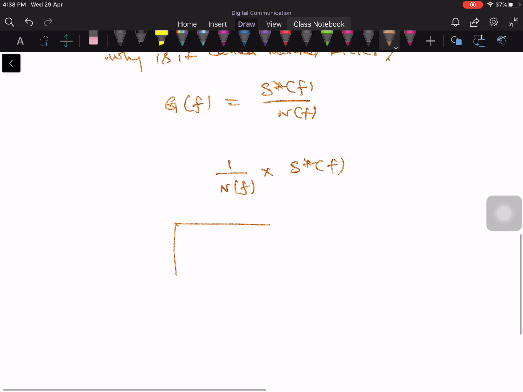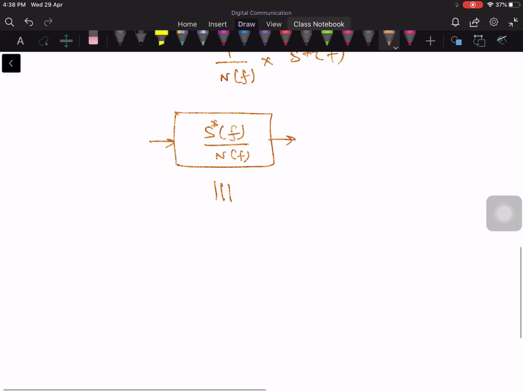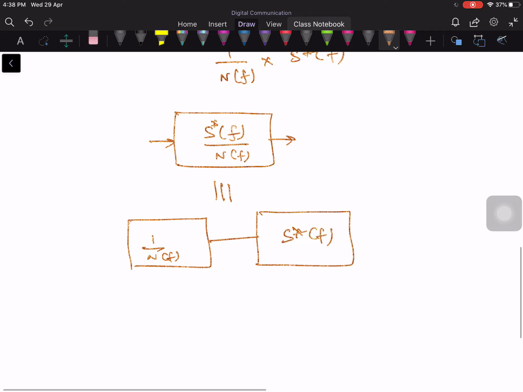Instead of writing S conjugate of f divided by N(f) like this, equivalently I can first write 1 over N(f), and this is in cascade with another function S conjugate of f, and this is the input and this is the output.